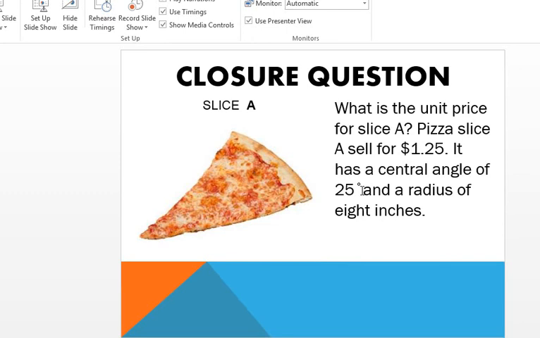Okay, so you're going to do that. Put it in terms of radians, get that area, round it to the nearest hundredth, and then take price divided by area, and I want you to round it to the nearest hundredth. So it'll be something like this, 12 cents, 4 cents, 3 cents, whatever, okay? With your partner, you have 30 seconds, go.